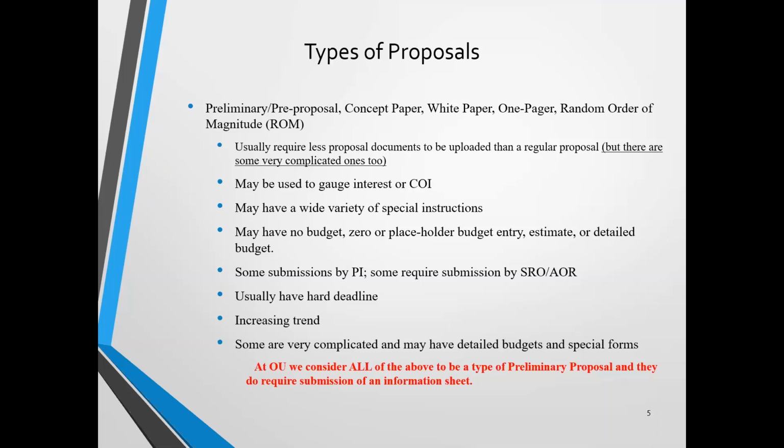It just depends on what the sponsor's looking for. They may be used by the sponsor to gauge who's interested in submitting to this particular call or to gather conflict of interest information so that they can look at putting together review panels. They can have a wide variety of special instructions, special forms they want you to include, information about who's on your team. It just varies.